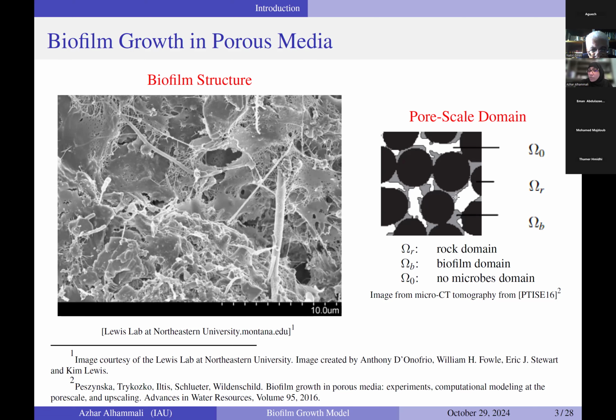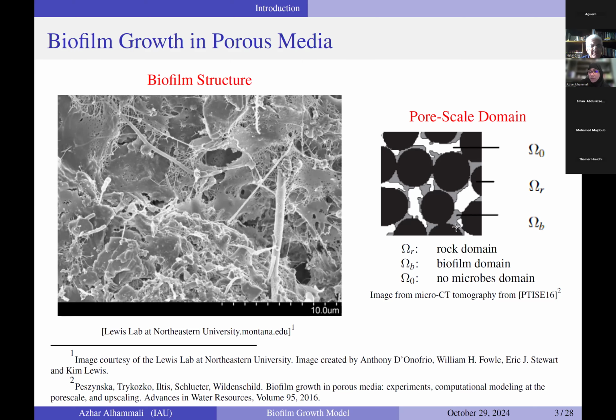The gray area represents the biofilm phase, and the white area represents the void space, where the fluid flows. Actually, it flows not only there, but it can also penetrate the biofilm phase to transport the nutrient to the biofilm so it can consume it and continue growing. That means here we assumed that the biofilm is either permeable or partially permeable.